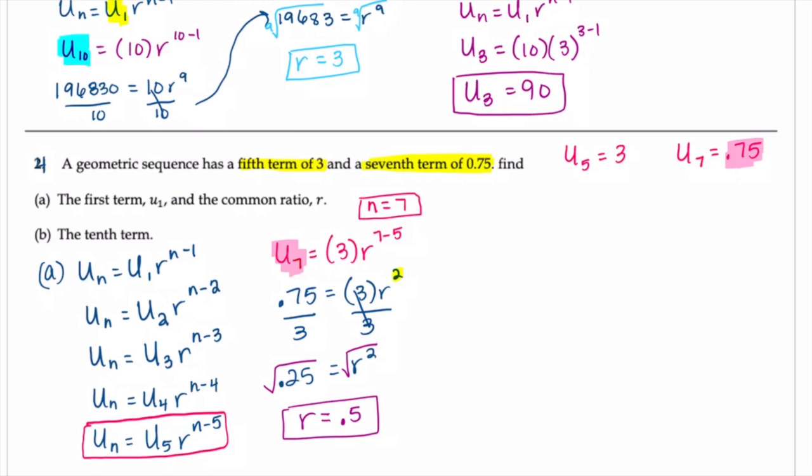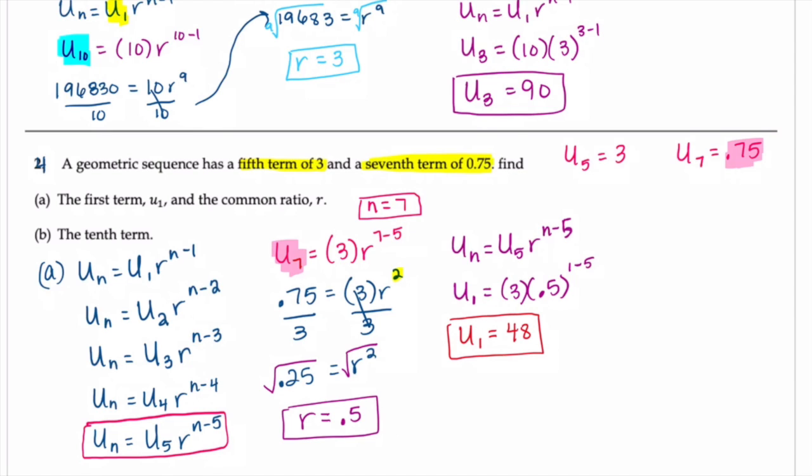Now that I have that, I am going to find the first term. Still sticking to the formula. This time finding the first term. And we get that the first term in this sequence was 48.